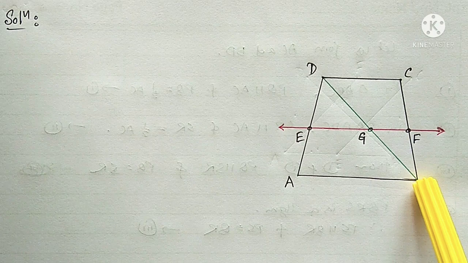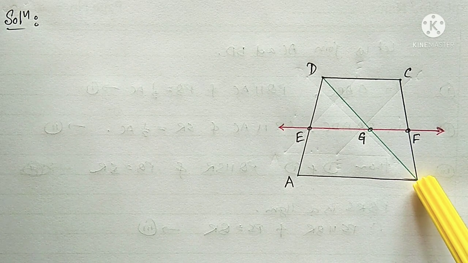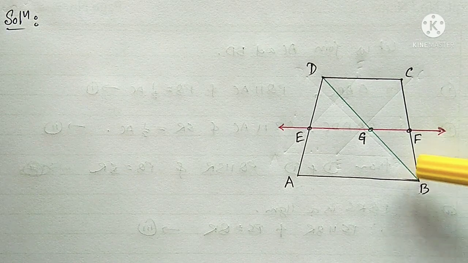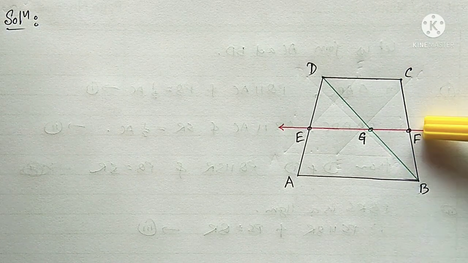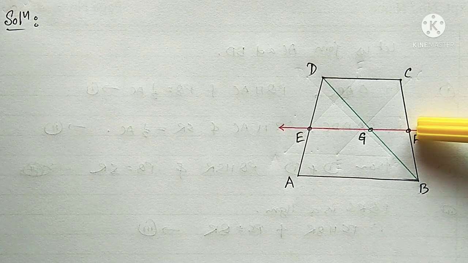Parallel to AB, and this line intersects BC, that means this one is BC, at F.